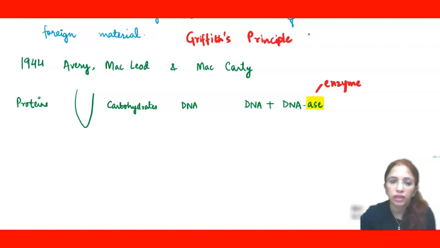So they took the culture of the R strain. Culture means whenever we grow bacteria artificially, we use the word culture.